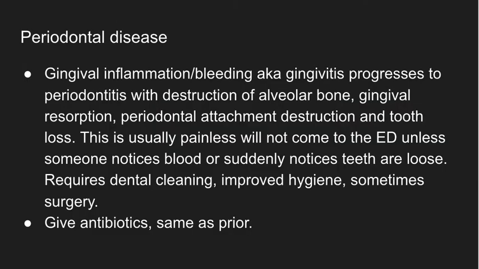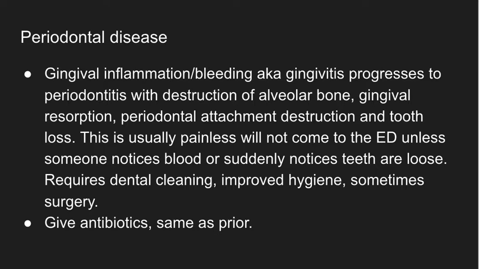Periodontal disease. So this is also called gingivitis, and it's gingival inflammation and bleeding, which progresses to periodontitis, which causes destruction of alveolar bone and gingival resorption and destroys the periodontal attachment and leads to tooth loss.